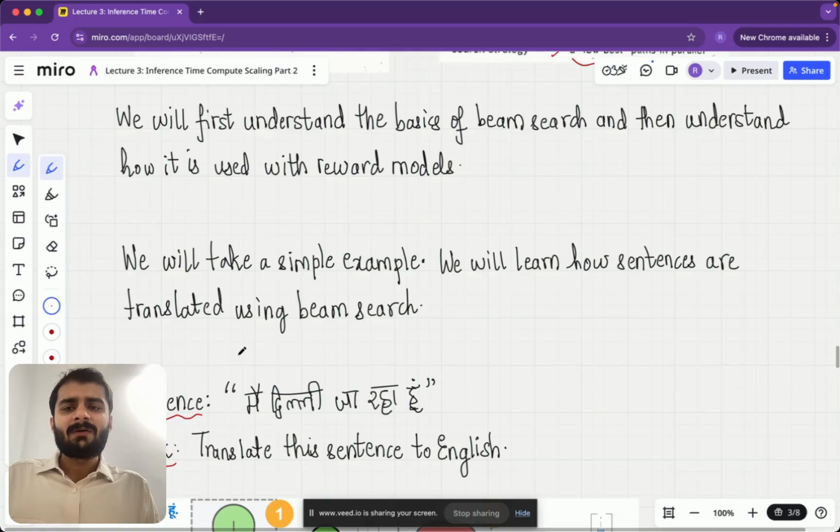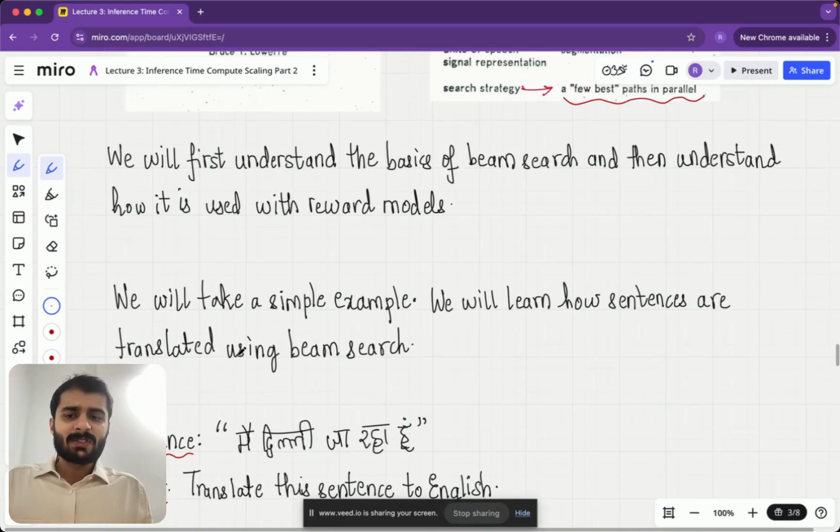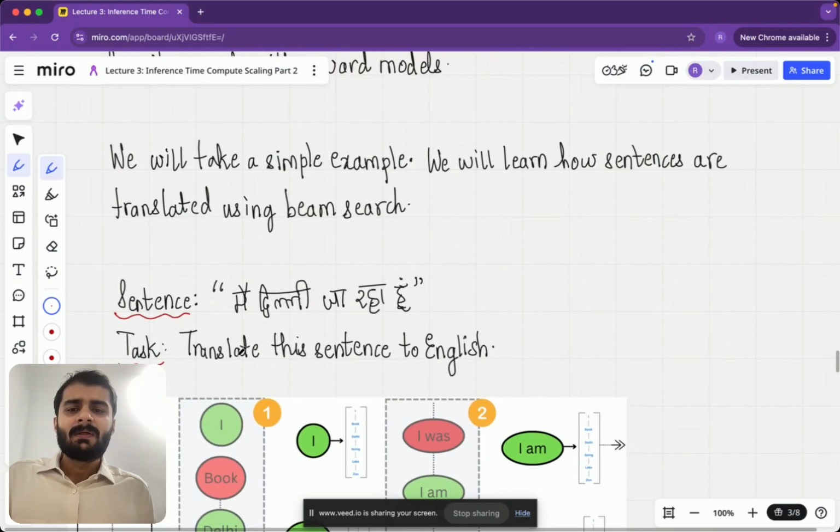Okay, so we will take a very simple example, which is a sentence in Hindi. The sentence says मैं दिल्ली जा रहा हूँ. This is a sentence in Hindi which translates to English as I am going to Delhi. And this is the task that I want to do.